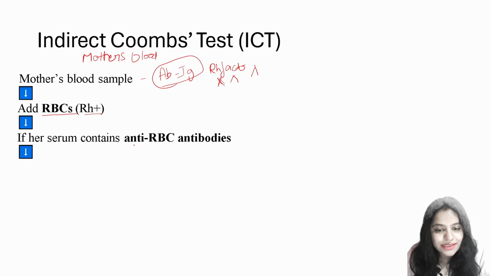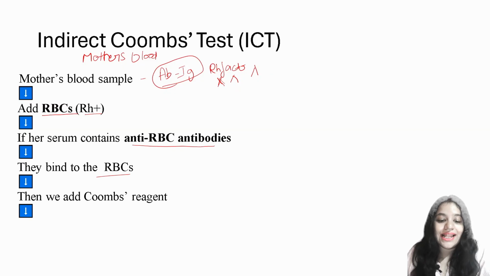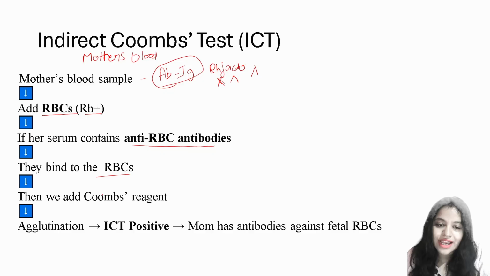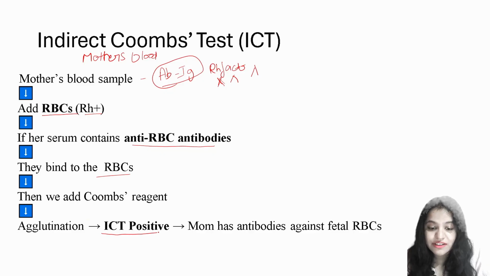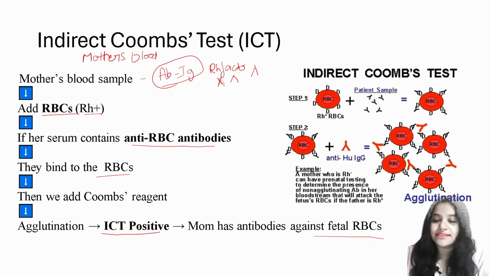Now, if a serum contains anti-RBC antibodies, they will bind to the RBC. And then when we add the Coombs reagent, agglutination occurs, and this indirect Coombs test will be positive. That is, mom has the antibodies against the fetal RBC. Your first is the patient sample containing this antibody.